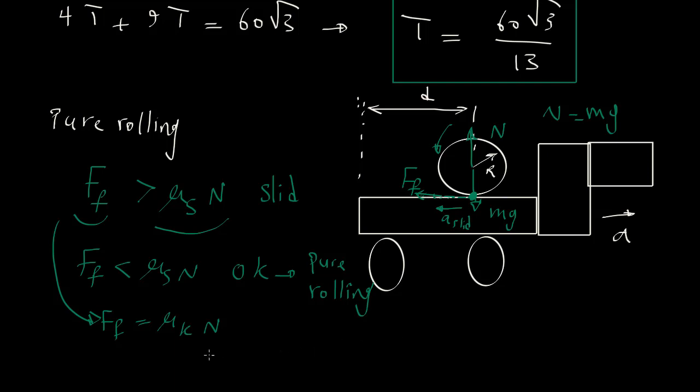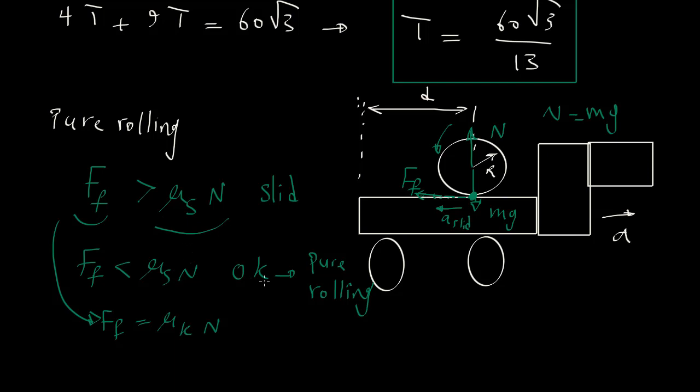So this is the key for the problems that we have. I forgot to mention this point. This is the key for the problems where we have rolling, and we want to see if we have pure rolling or if we have sliding also. So that's the key. Calculate the friction force, see if it is larger than the maximum static friction that we can have.